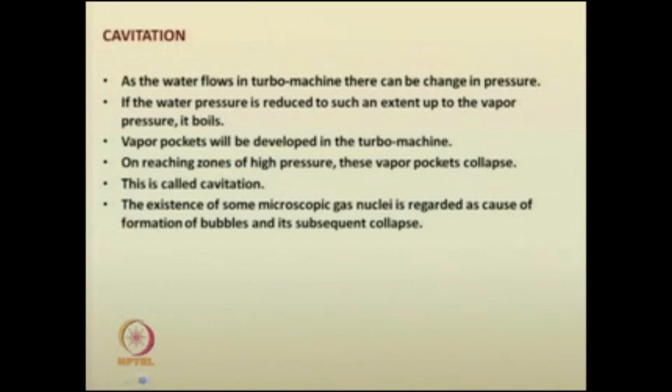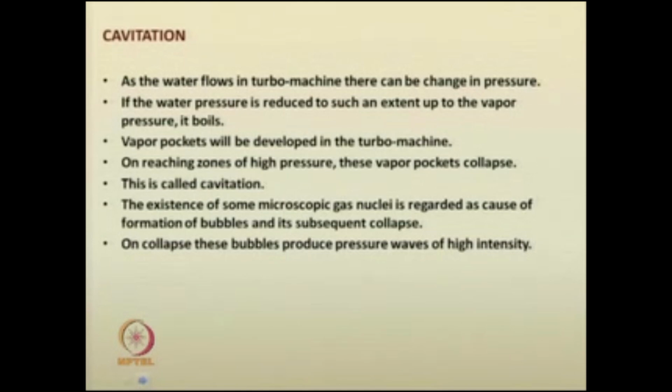The existence of some microscopic gas nuclei is usually regarded as the cause of the formation of bubbles and their subsequent collapse. These are theories which we would not like to venture into further. These bubbles, on collapse, produce high intensity pressure waves. Due to these waves, pressure forces are created, and that force is exerted on the walls of the turbo machine equipment.